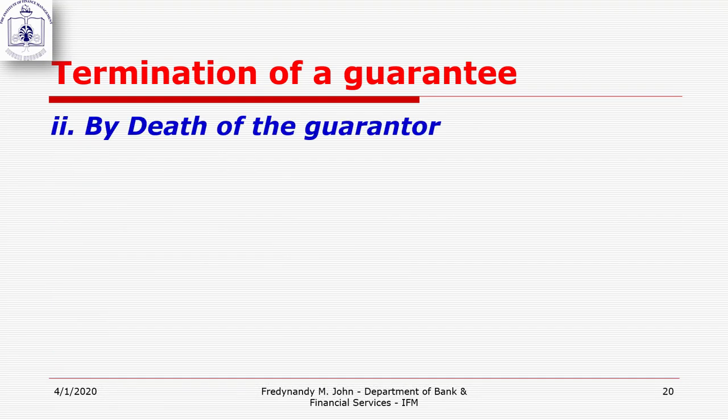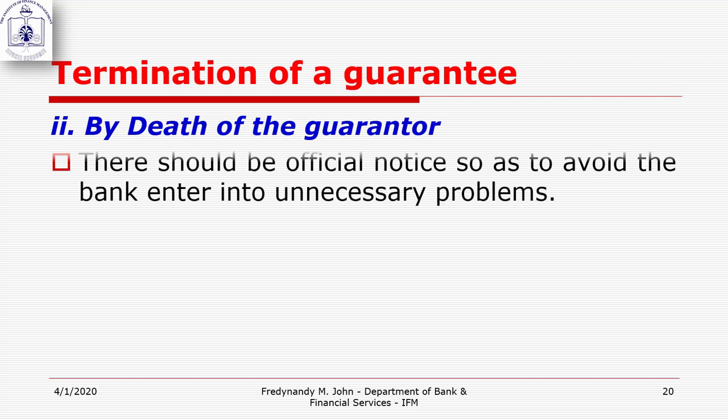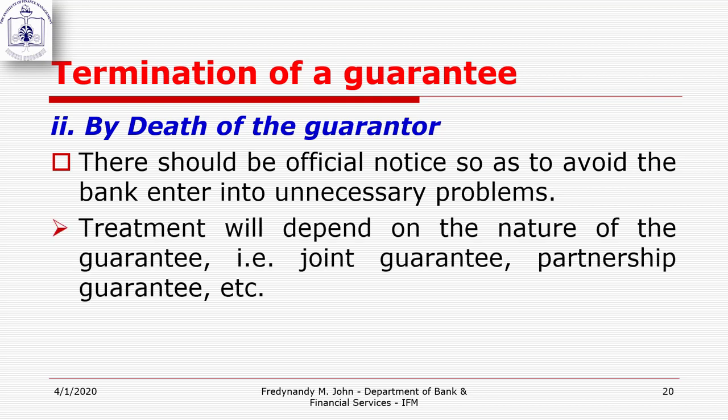Second, termination of guarantee can be by death of the guarantor. Now, it is pretty simple. If the guarantor who was named under the guarantee contract has passed away and the banker has been notified and proof or evidence of death has been handed over to the bank, then the banker is supposed to terminate the guarantee contract.